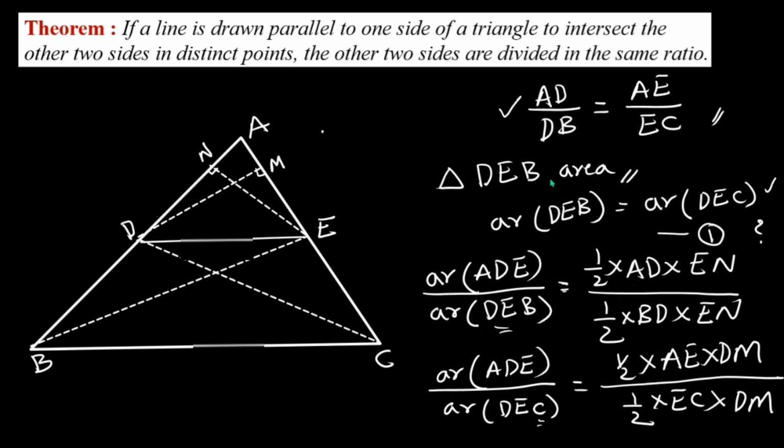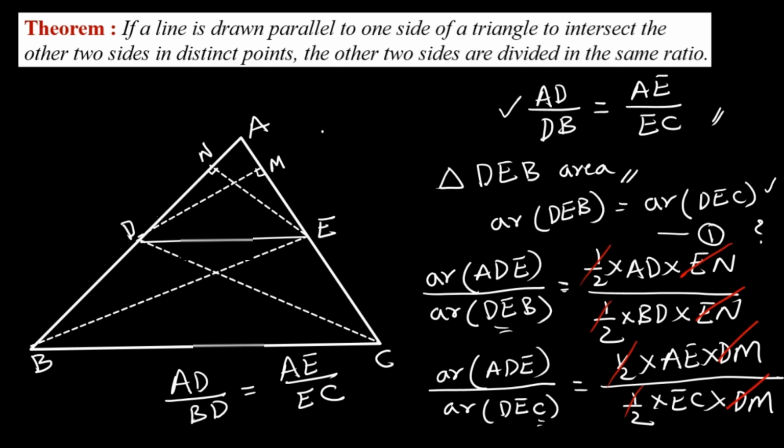On the right side, EN cancels, half cancels, and we have AD by BD equal to, here also DM gets cancelled, half gets cancelled, AE by EC.